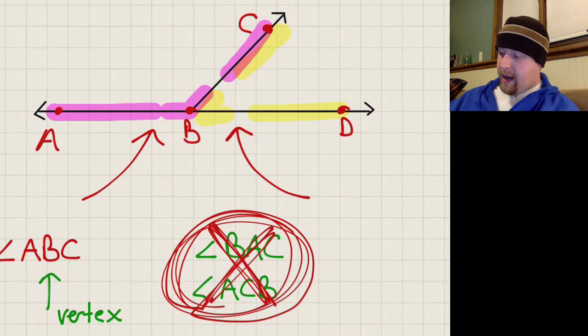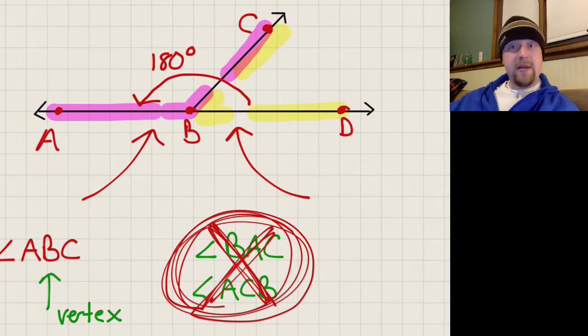Okay, in this diagram, to go from here to here should be 180 degrees, which means that this angle, let me redraw this figure, it's getting a little messy.